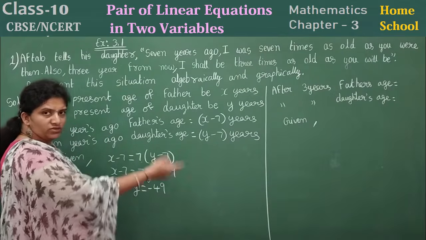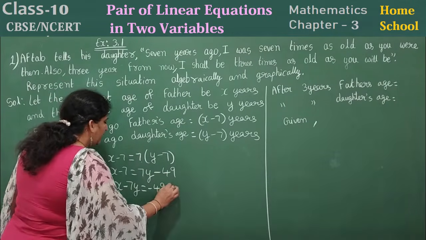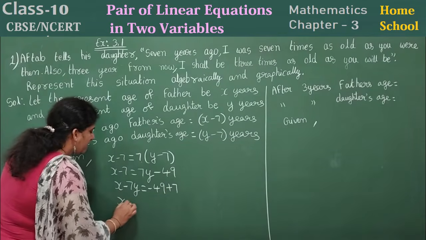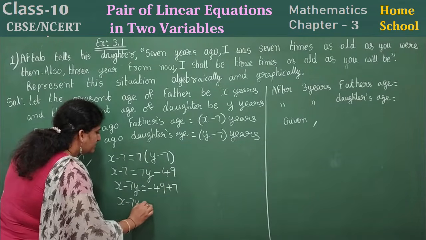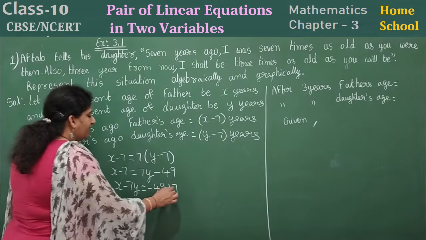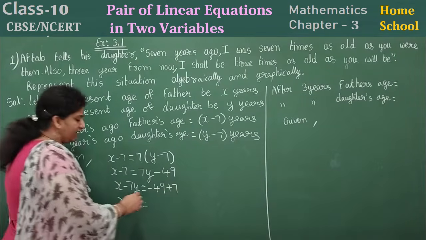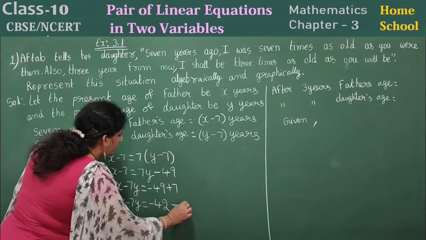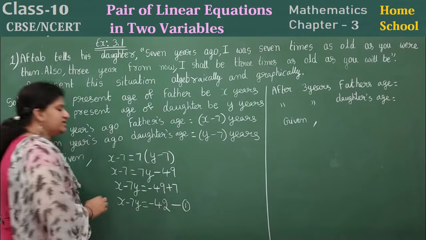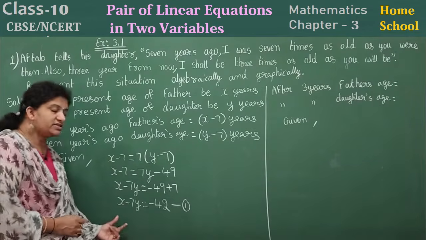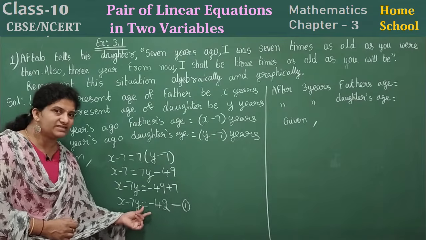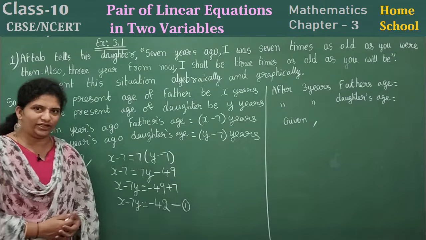Minus 7, if it goes that side, will be plus 7. X minus 7Y is equal to minus 49 plus 7, it will be minus 42. Mark this as the first equation. What is your first equation? X minus 7Y is equal to minus 42.